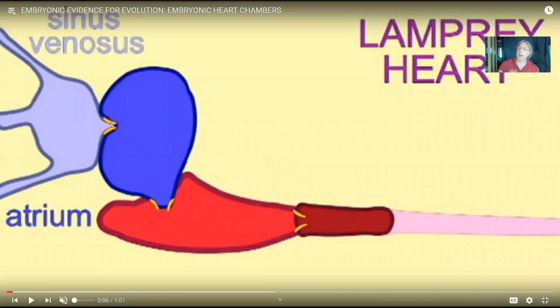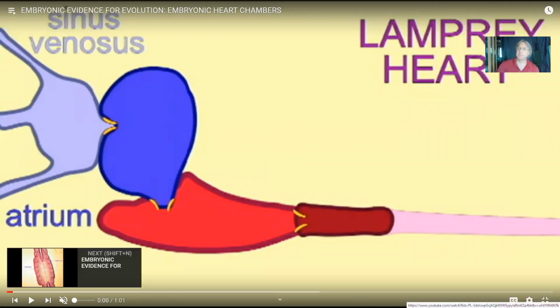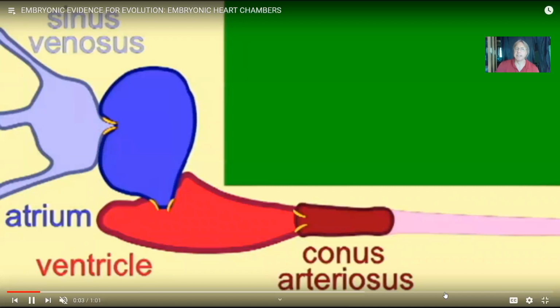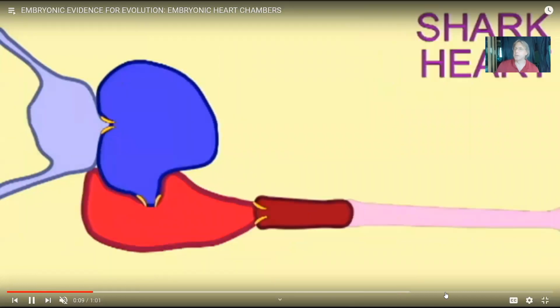The human heart has a specific shape and form and number of chambers, which is different from, say, a lamprey, a simple vertebrate, where there is a sinus venosus, an atrium, a ventricle, and a truncus or a conus arteriosus: one atrium, one ventricle, and then these two additional chambers.